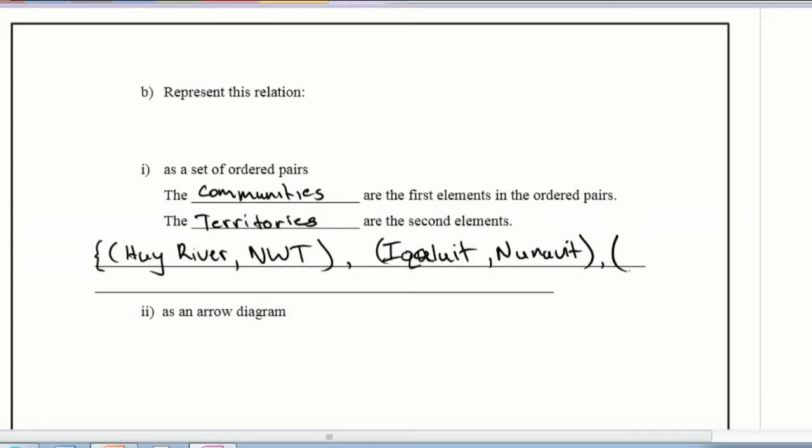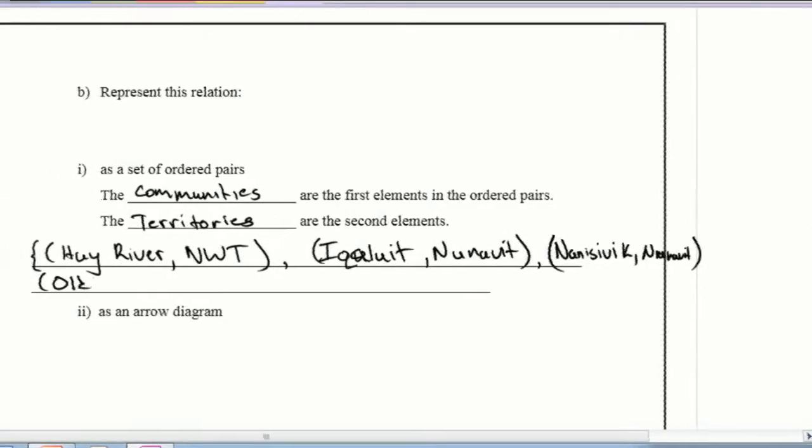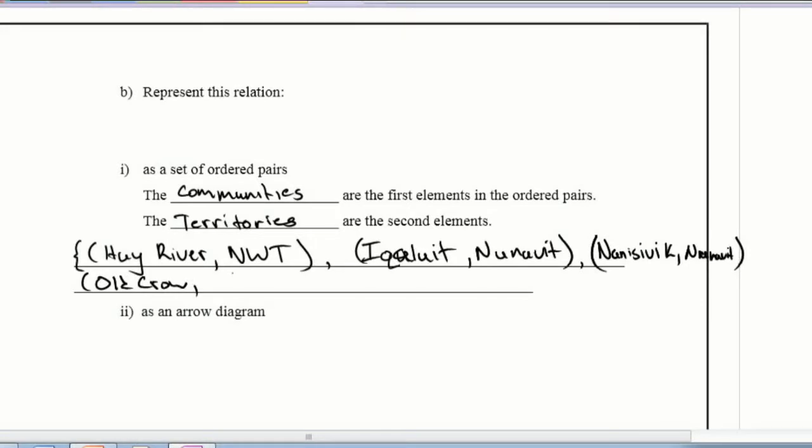Nanisivik. We'll go with that. And that is in Nunavut as well. We have Old Crow, which is in the Yukon. Whitehorse. It's in the Yukon as well. And finally, Yellowknife.